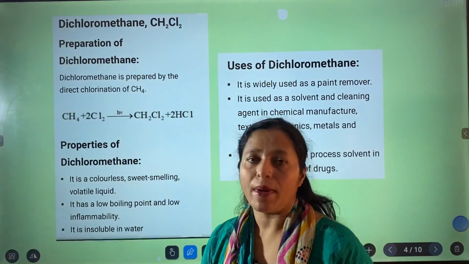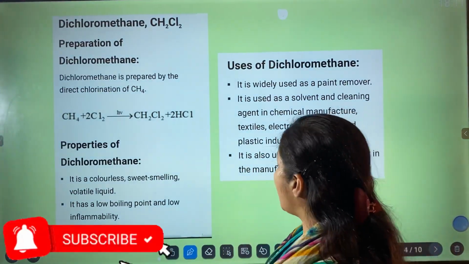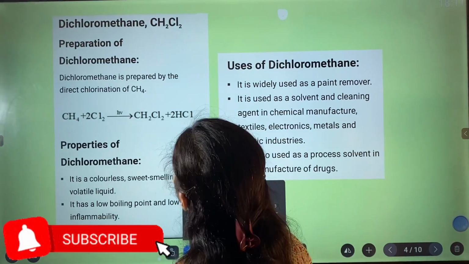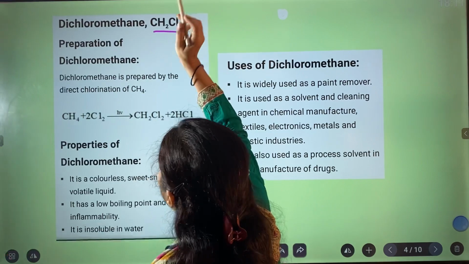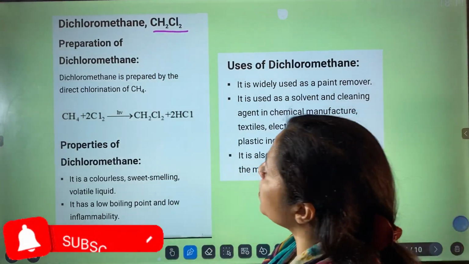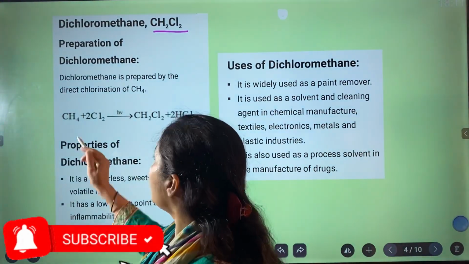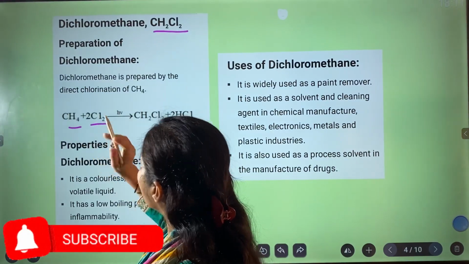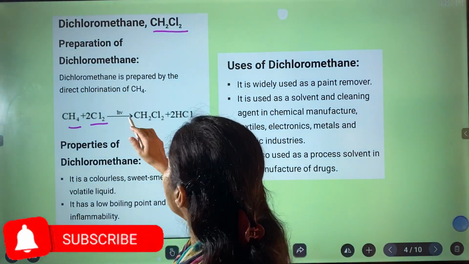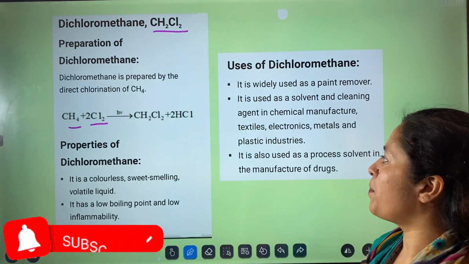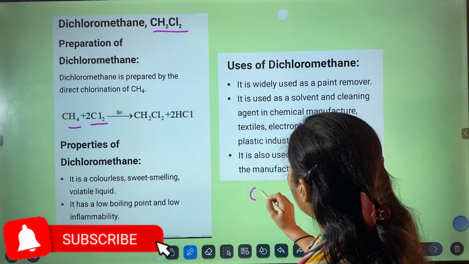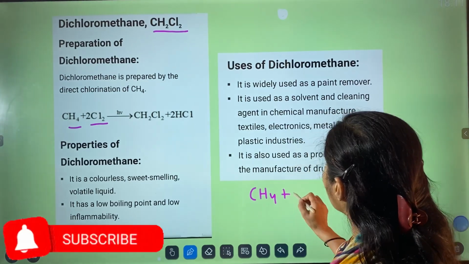In polyhalogen compounds, let us take our first example, that is dichloromethane. So dichloromethane, how is it prepared? Methane is reacted with chlorine in the presence of sunlight. So during sunlight, 2 hydrogen atoms are replaced by chlorine atoms.